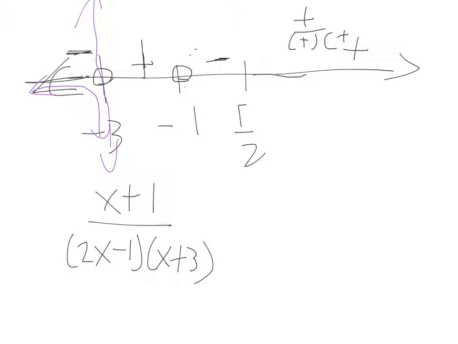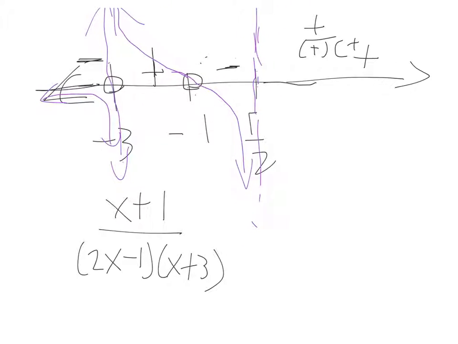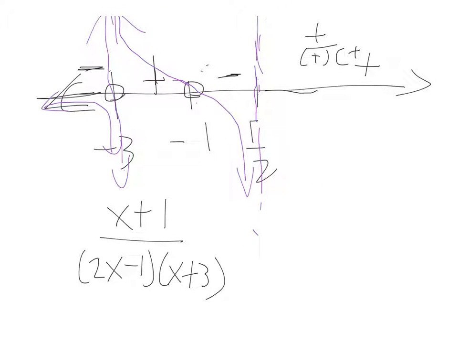Since it's positive here and negative here, the graph would go like that in that interval between the asymptotes. And since it's positive to the right of 1/2, that means the graph should look something like that.